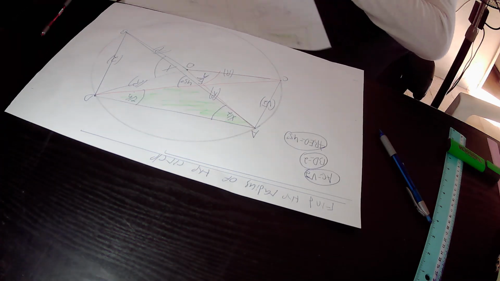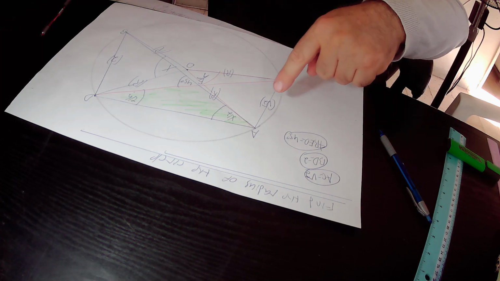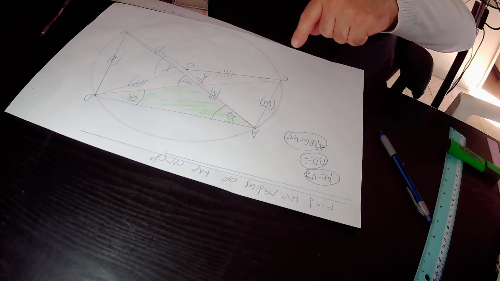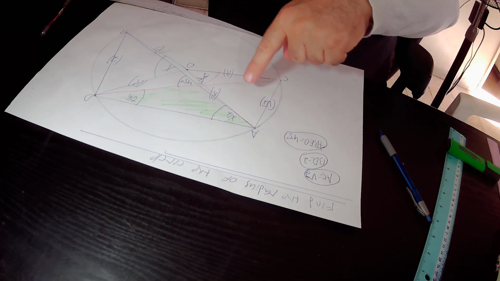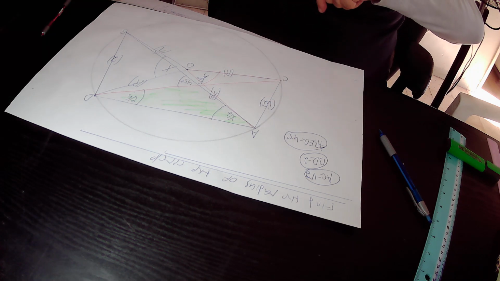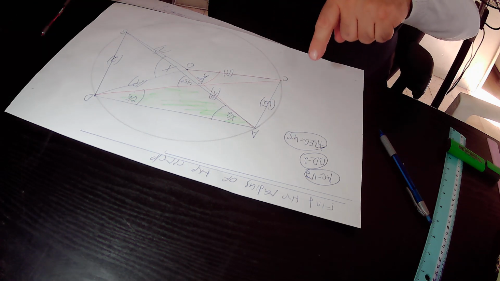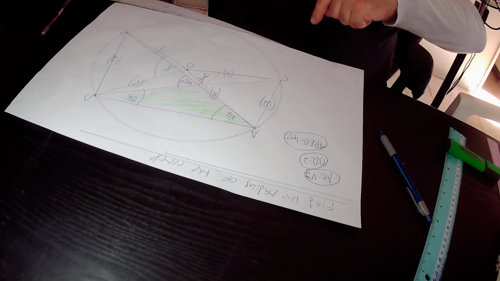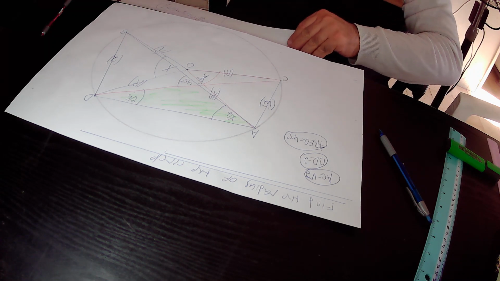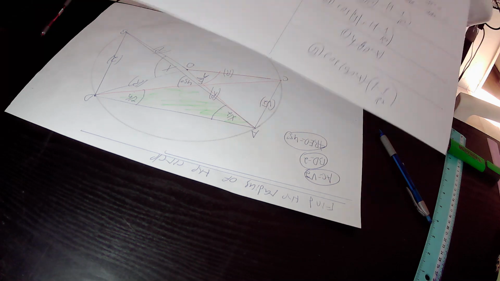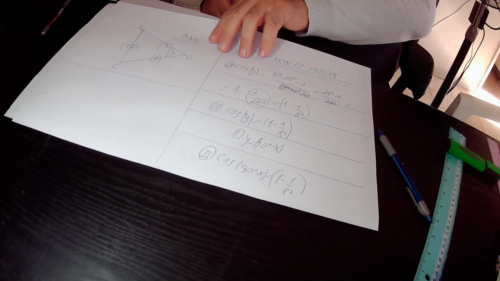In the next step, I copied triangle AOC, which is not a right triangle, onto a new page and implemented the law of cosines in this triangle AOC. So okay, this is triangle AOC that I copied from the original drawing.